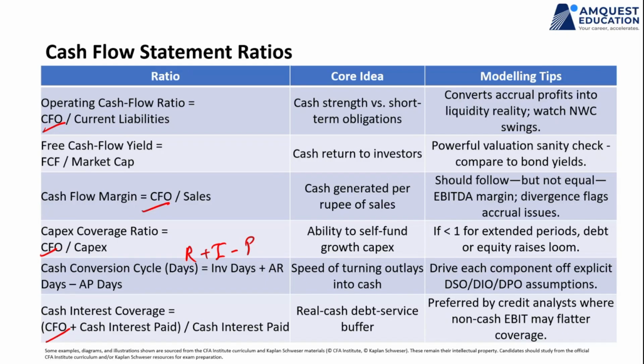Higher is better. The higher your cash interest coverage ratio, the more debt the company can take, the more loans the company can take and pay interest on those debts. Cash flow margin, obviously, higher is better.